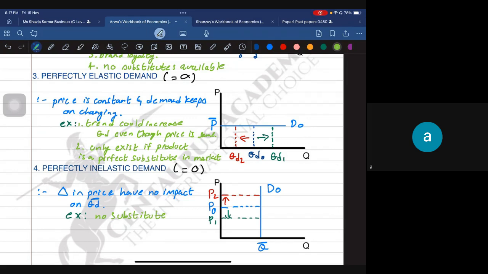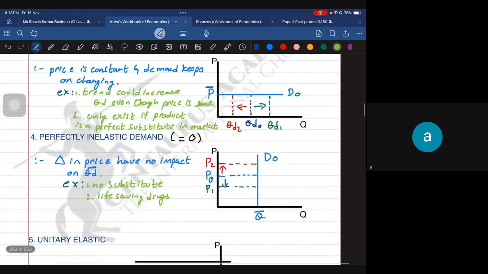And it's more of a necessity as well. It could be life-saving drugs as well. Yes, that makes sense. So no substitutes available, plus it's more of a need.